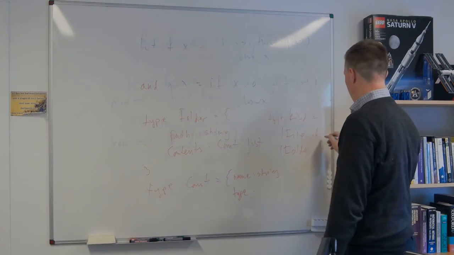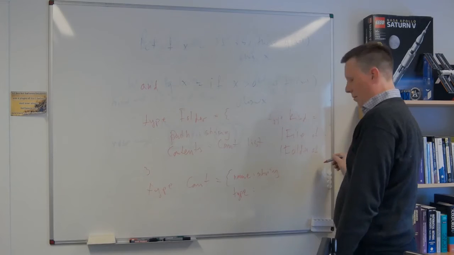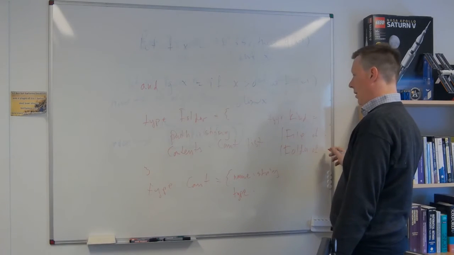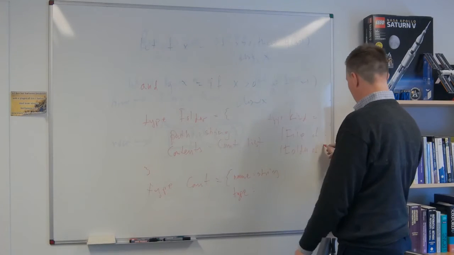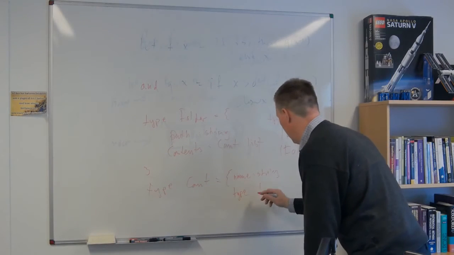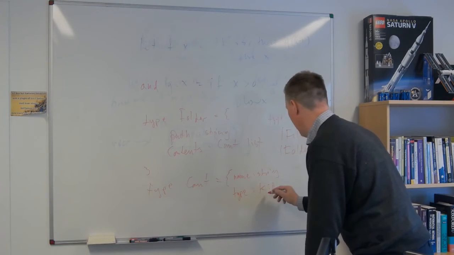File of some stuff, or a folder of a folder. So this is a type of this kind thing, what kind of contents we have.